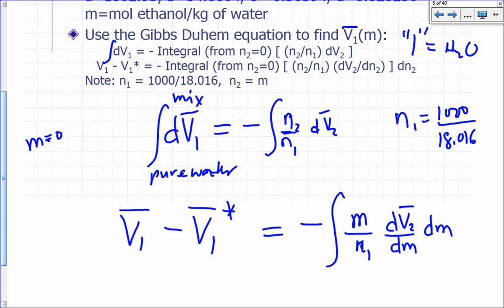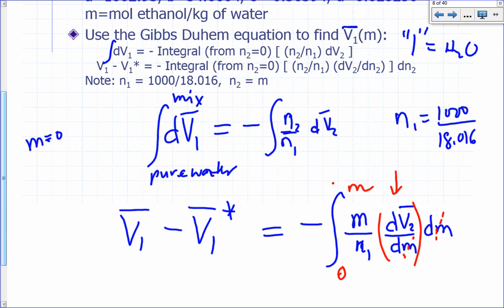But I'm going to write it this way because I know what V2 bar is as a function of m, right? So the reason for that is it makes it easier to set my integration limits. So from pure water, molality is 0, up to whatever the molality is of the mixture.